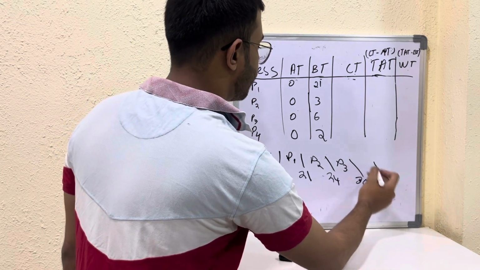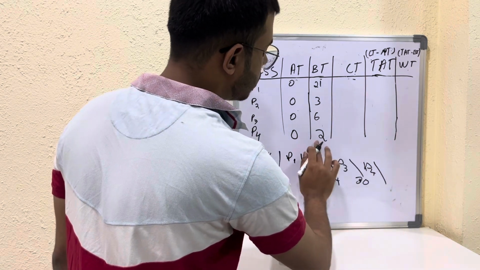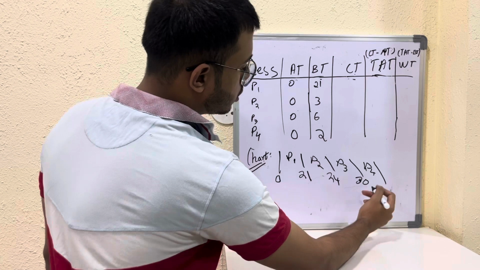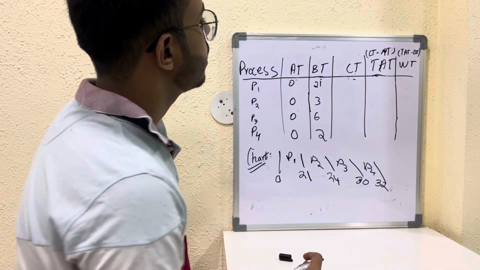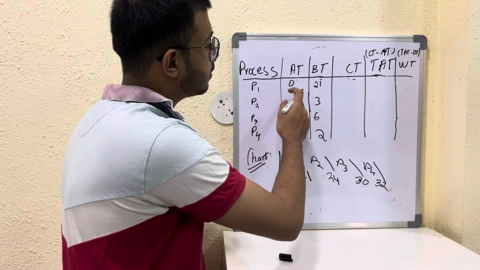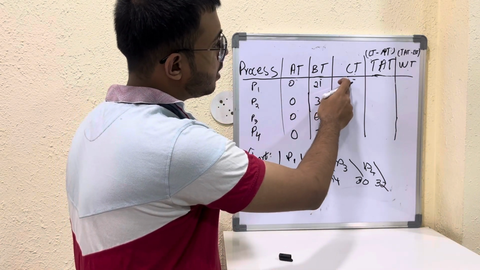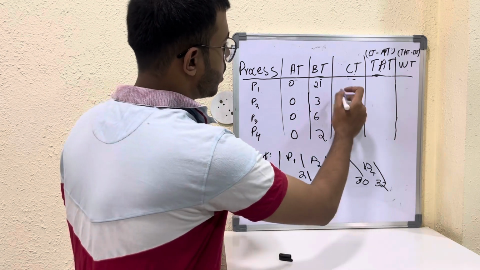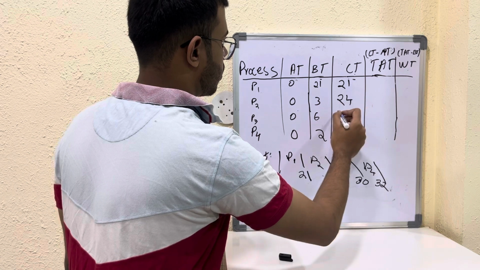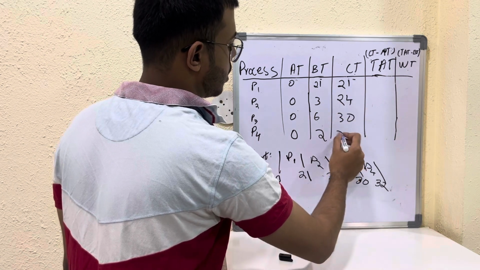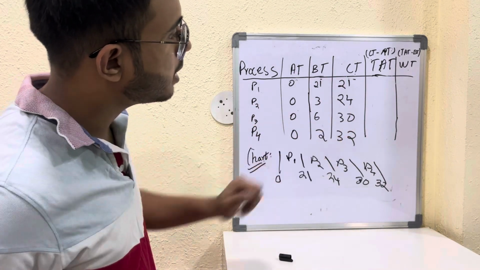And then P4 takes 2 more seconds. So 30 plus 2 is 32. So when the arrival time is not given, the completion times are 21, 24, 30 and 32.